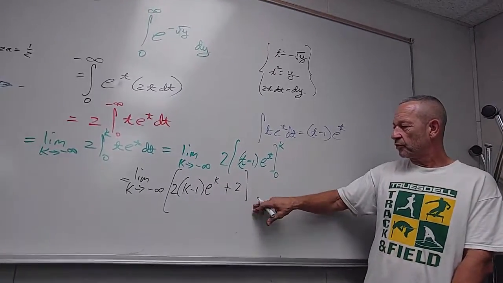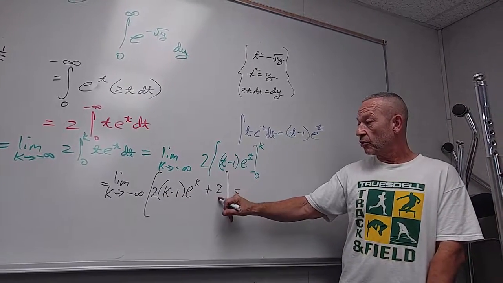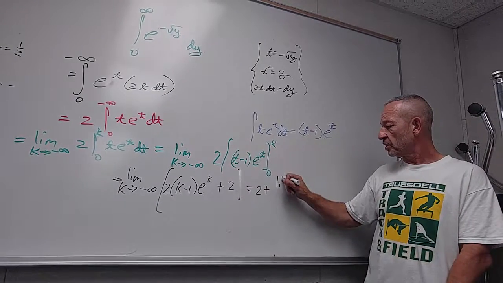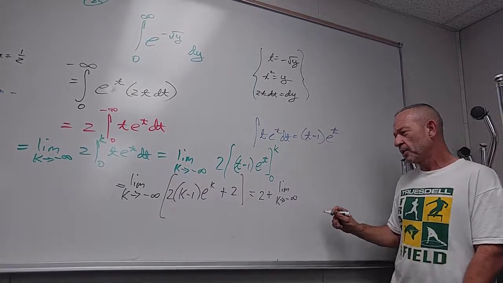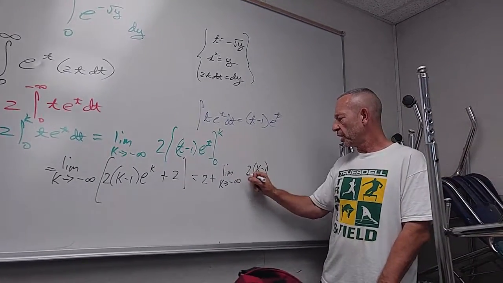What I'm going to do is, well, this is a constant, right? There's no k's in that, there's no t's in that, so I have 2 plus the limit as k goes to negative infinity of k minus 1 over e to the minus k.